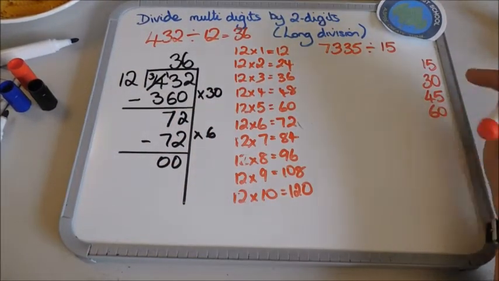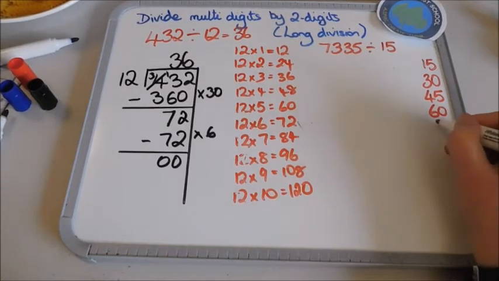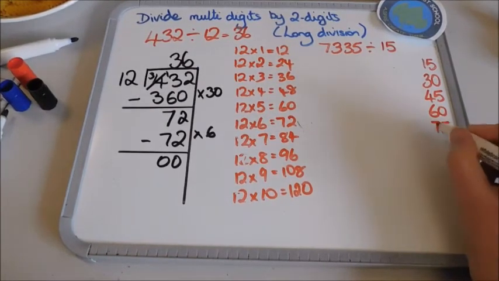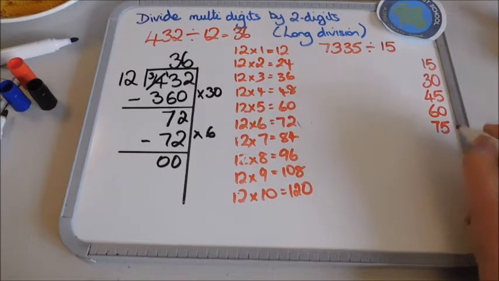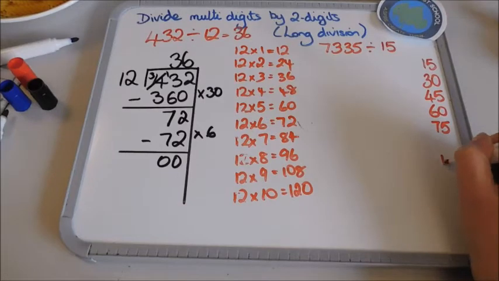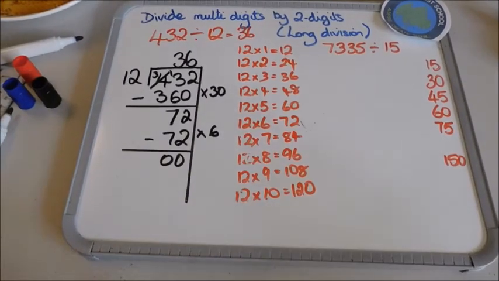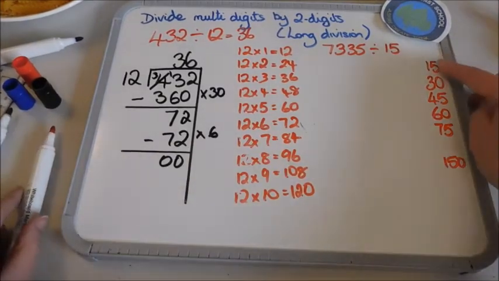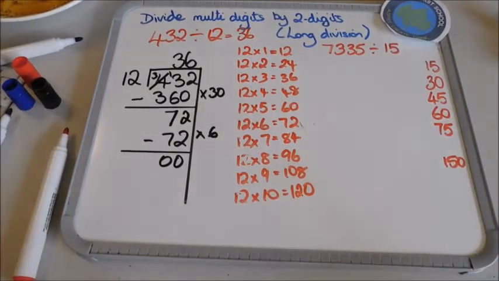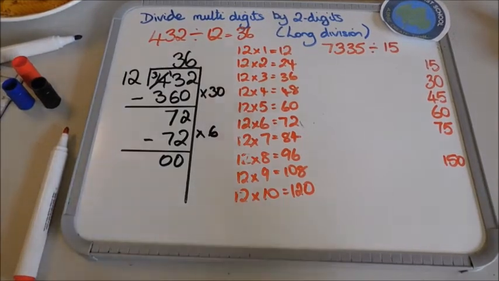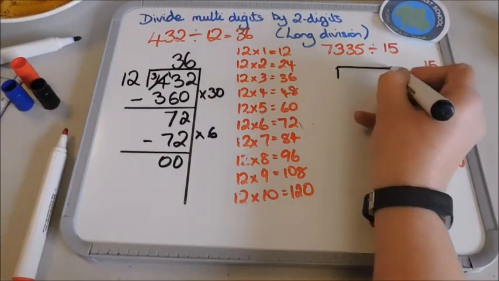This way is obviously more time efficient, and I'm going to go up to 5 times 75, and then jump to 10 times, which will be 150. I'll fill in the rest if I need to, because you don't always need to write the whole times table out.